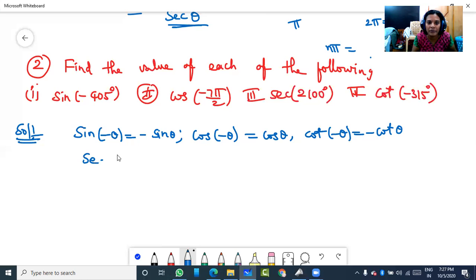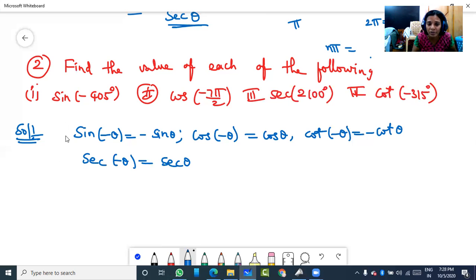Sec of minus θ is sec θ. Why? Because cos is an even function. Cos is related with the sec. Sec is the reciprocal of cos. So only cos and sec are positive. The remaining 4 trigonometric ratios are negative for negative angles.